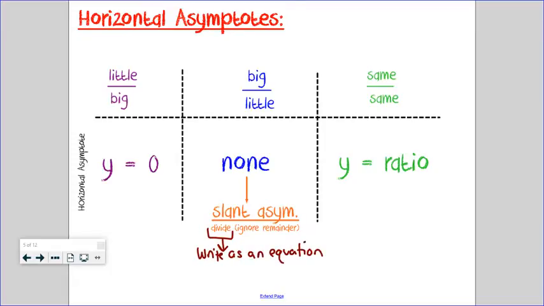And that equation will always be a linear equation, y equals mx plus b. Then we go back to what we just practiced at the beginning today: how do I graph something in y equals mx plus b? That is what my slant asymptote will look like on the graph.